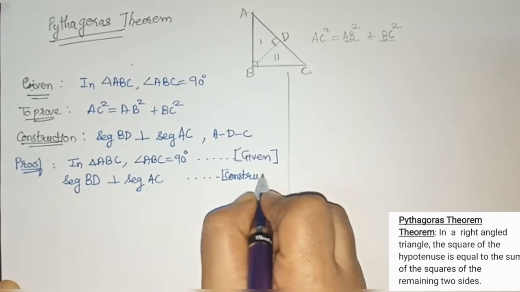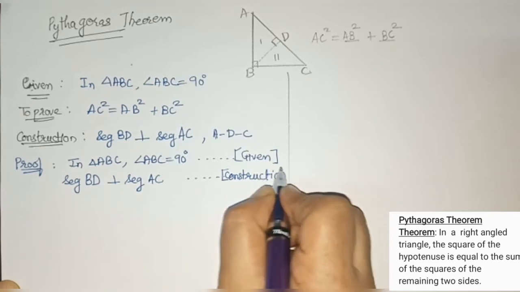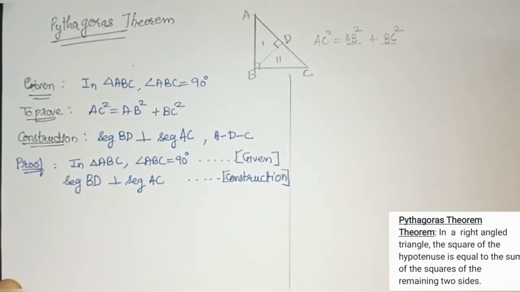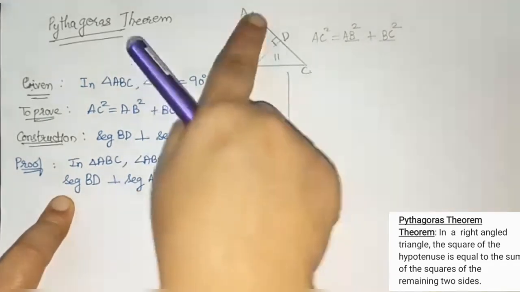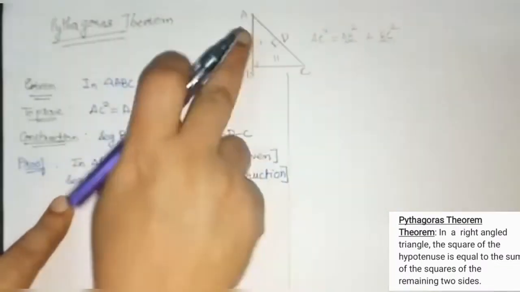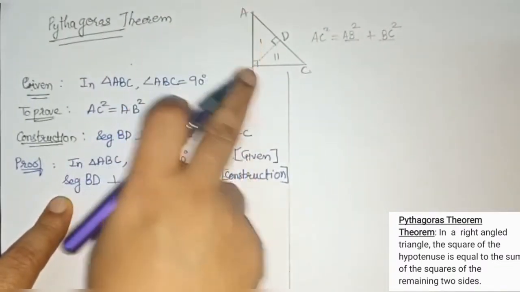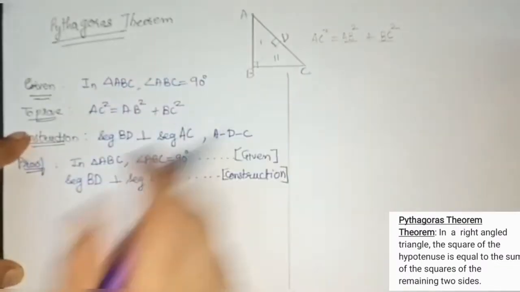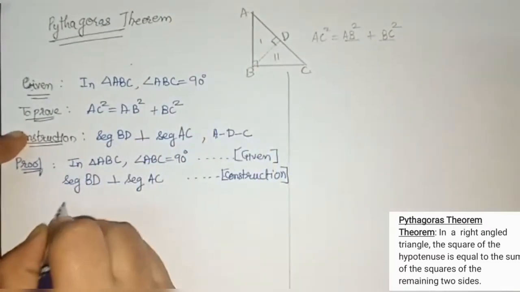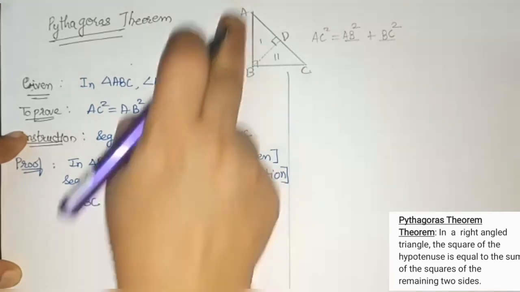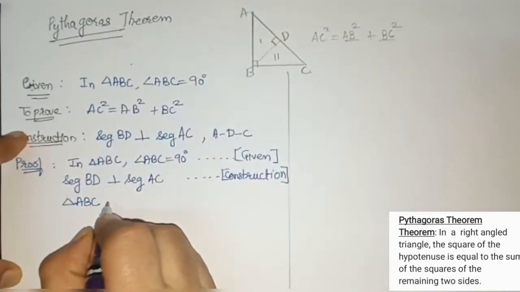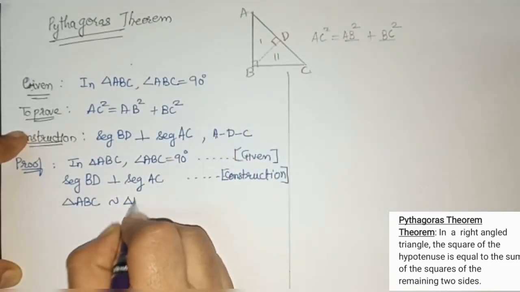We have done the construction, so the reason we will write here is construction. So because of this perpendicularity, we have got two triangles and each one of them is similar to the original triangle. So let us take first the one pair, original triangle ABC and triangle ADB. Let us take this. They are similar.